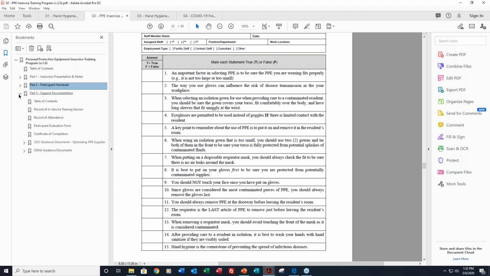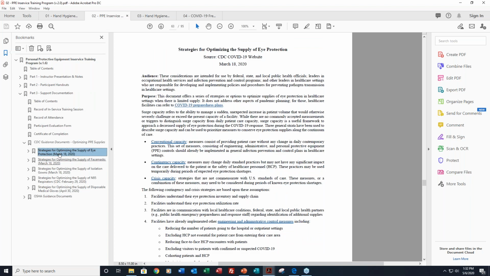It also has all of the different OSHA and CDC guidelines on optimizing your personal protective equipment supplies. When you look at this document, these are all of the CDC documents that deal with how do I optimize my supply.